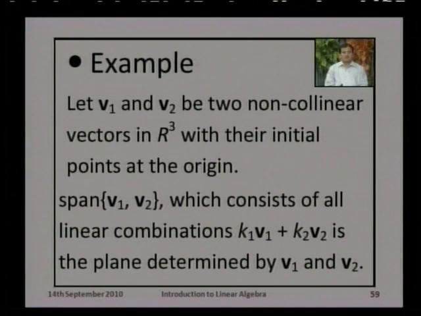Let us take an example to understand this span concept. Let v1 and v2 be two non-collinear vectors in R3 with their initial points at the origin. Span of v1, v2, which consists of all linear combinations k1 v1 plus k2 v2, is the plane determined by v1 and v2.